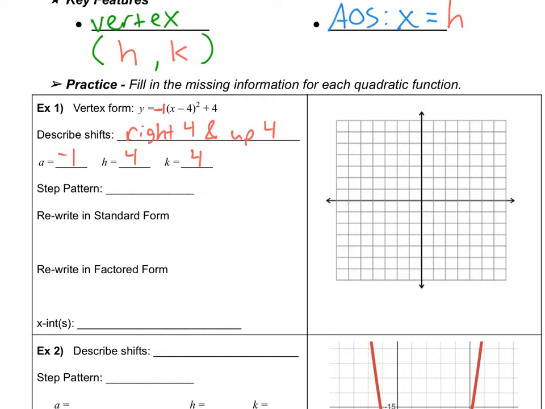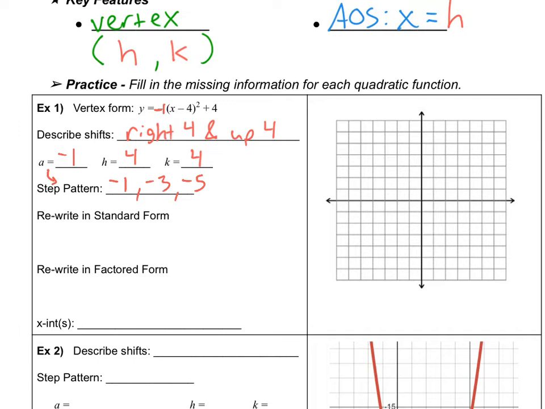It tells us, so if a is negative 1, then everything would be times negative. Yeah, you're right. You're going to take the step pattern and multiply it by negative 1. So instead of going 1, 3, 5, we're going to go down 1, down 3, and then down 5. So it turns that thing upside down. Sad face. It's a sad face, you're right. Negative a's are always sad.